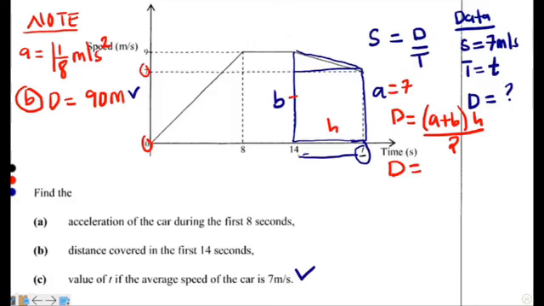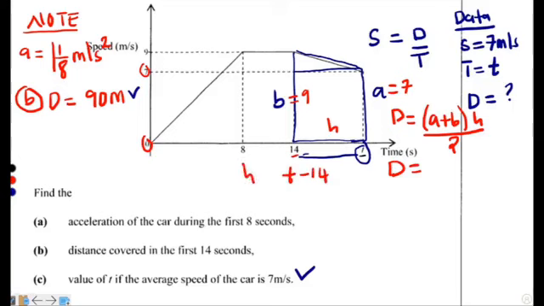Then the value of b is from 0 again up to 9 right there, as you can see, 0 up to 9. So the value of b will be 9, because 9 minus 0 is 9. Then the height will be the difference in time. Here we have 14 and t, so it will be t minus 14.